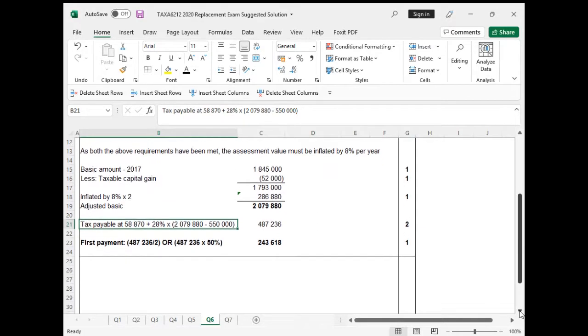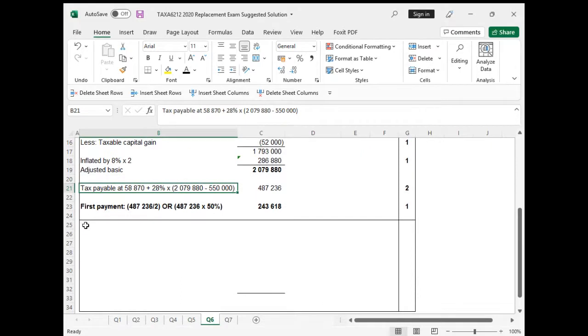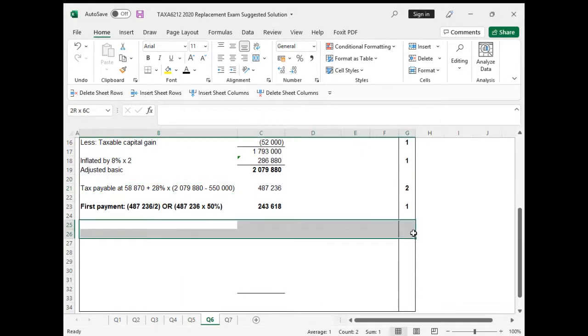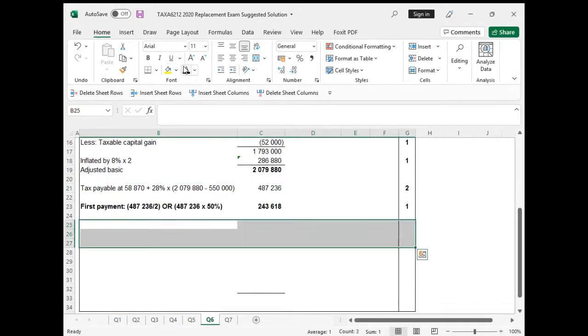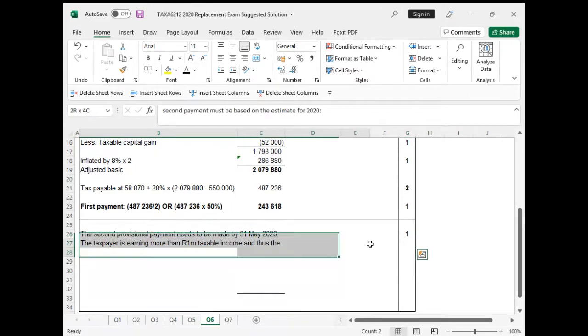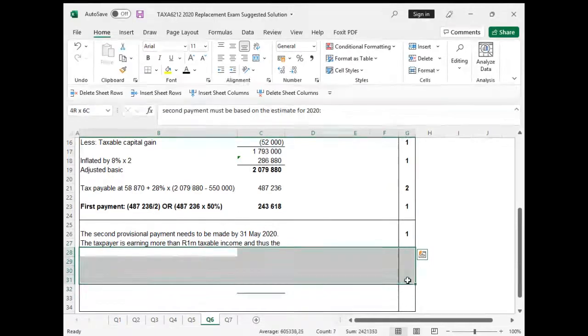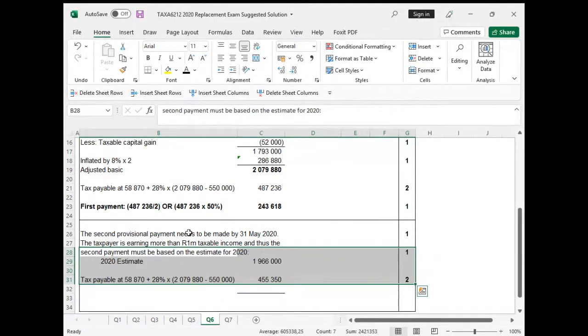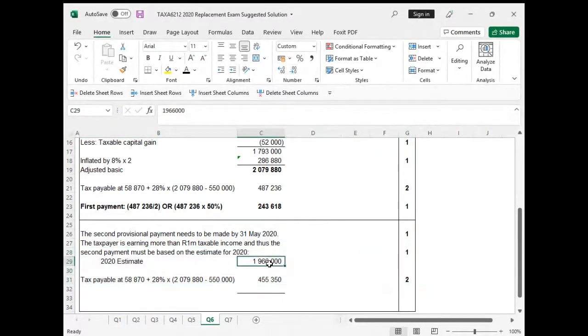Then for the second provisional tax payment, we know that would happen at the 31st of March. Okay. Our tax is more than 1 million, our estimate, so therefore we will use the estimated amount which was provided in the question. Okay, so the 2020 estimate, and then we apply the tax table similar to the first one.